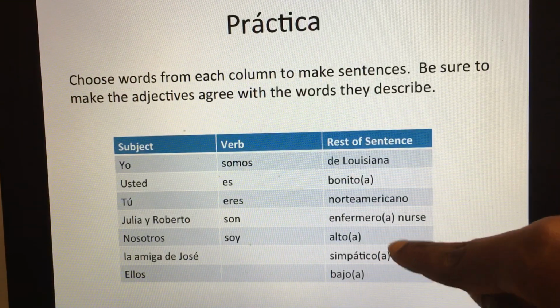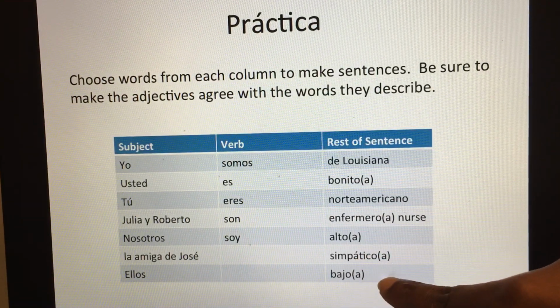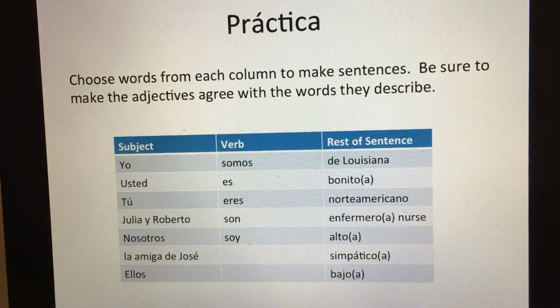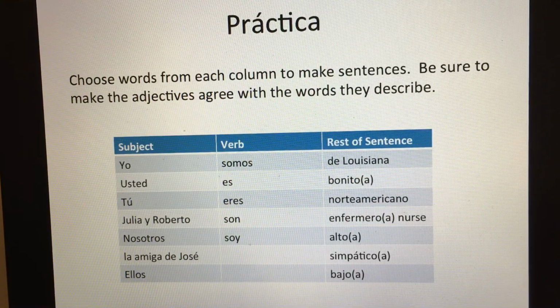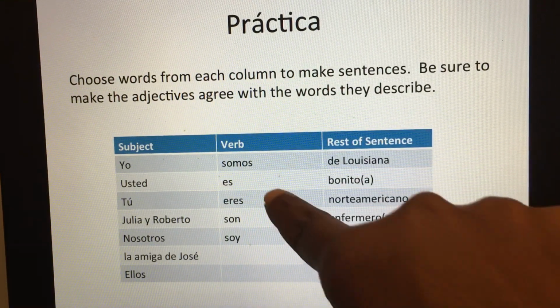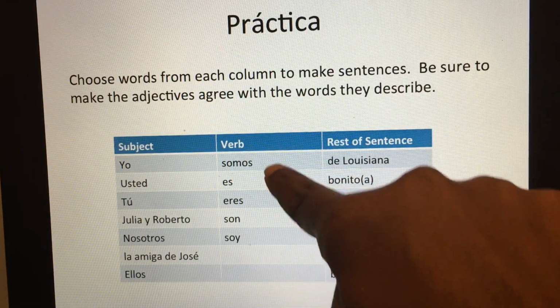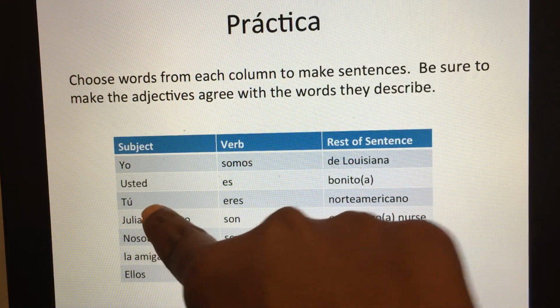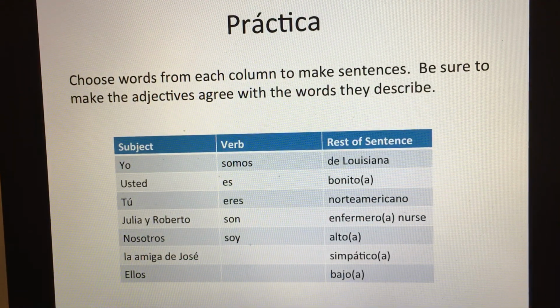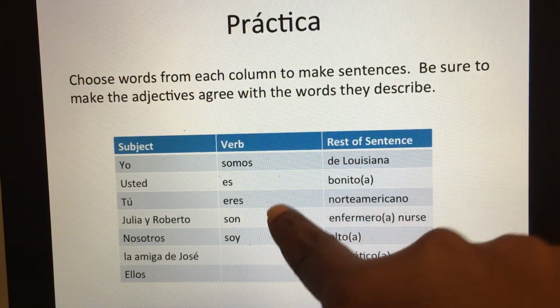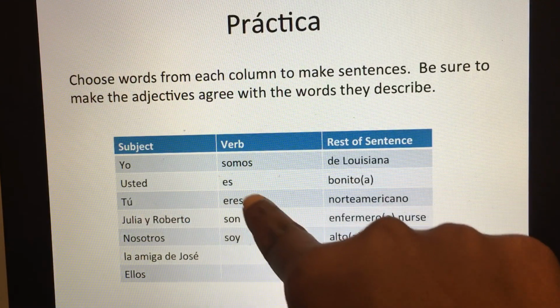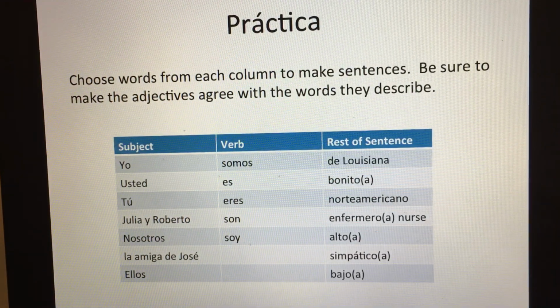This is an adjective. Here's another adjective, and here's another adjective. Your sentences have to make sense. I've already conjugated the verbs for you. Just make sure that they agree with the subject. Please go back and review the chart to make sure you understand how the subject and the verb agrees.